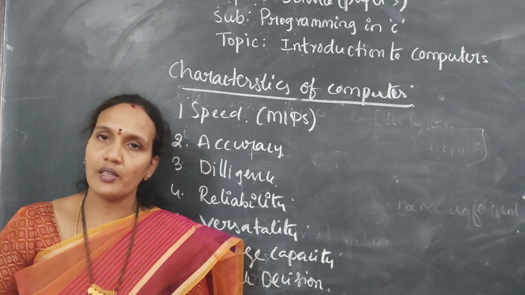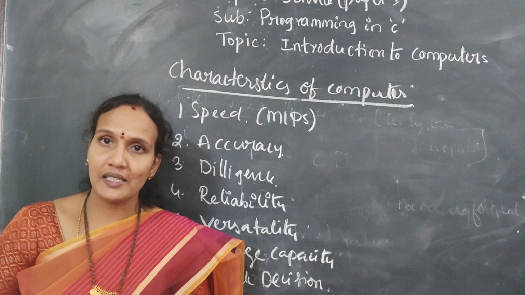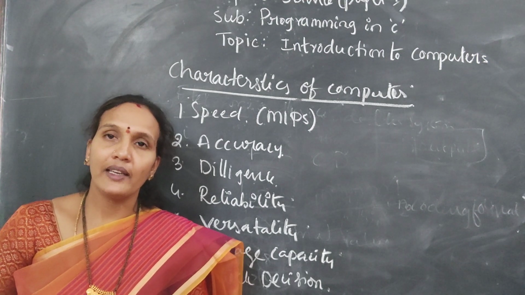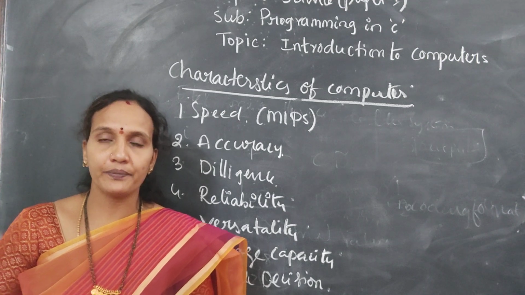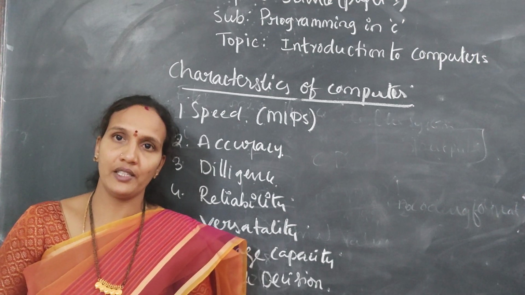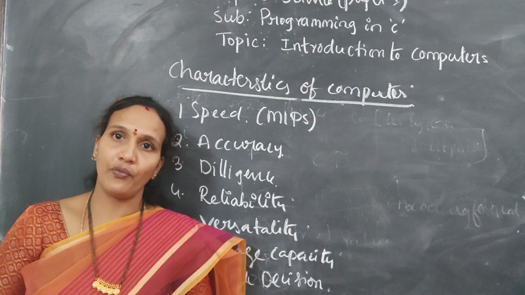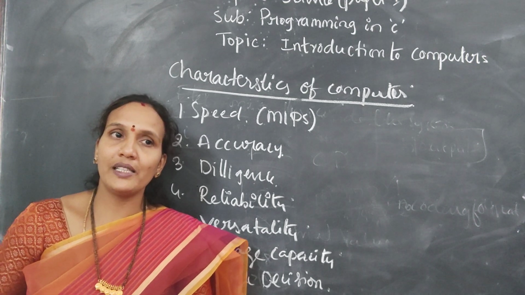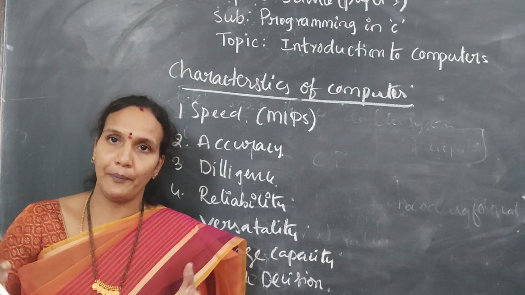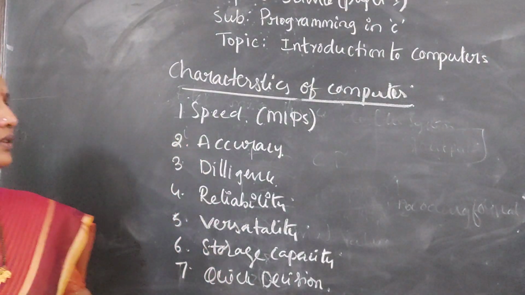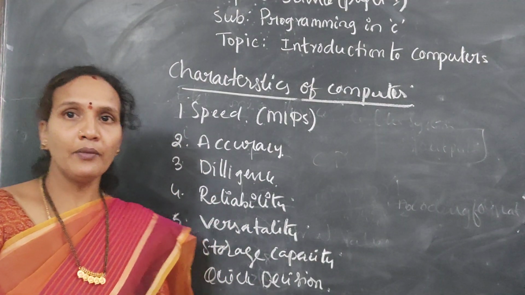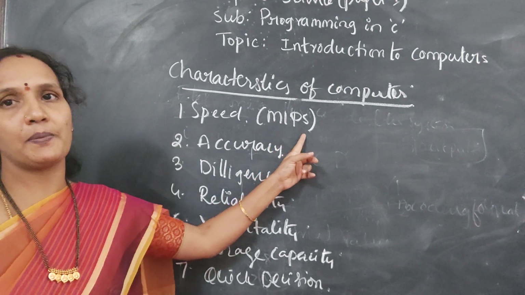That is why a computer is called a very fast mathematical calculating device. Compared to a human being, it will perform the calculations with thousands of times the speed. Next, the speed of the computer is measured in millions of instructions per second, MIPS.